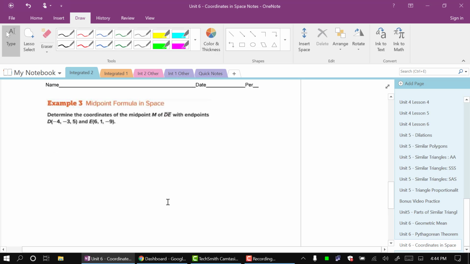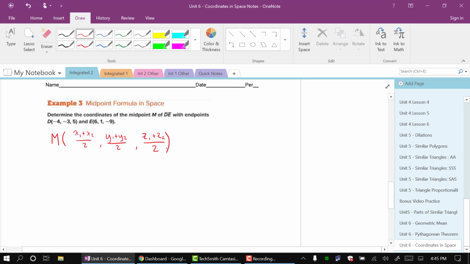So for the next example, we're going to be using the midpoint formula. So again, our new midpoint formula, now that we are in space, is m: x1 plus x2 divided by 2, y1 plus y2 divided by 2, and z1 plus z2 divided by 2.